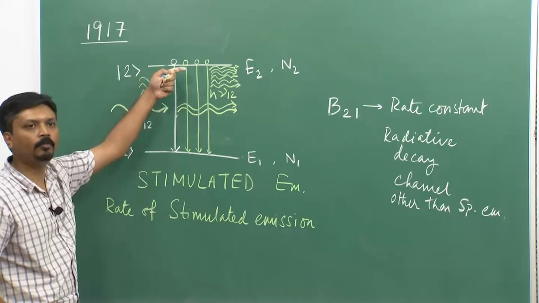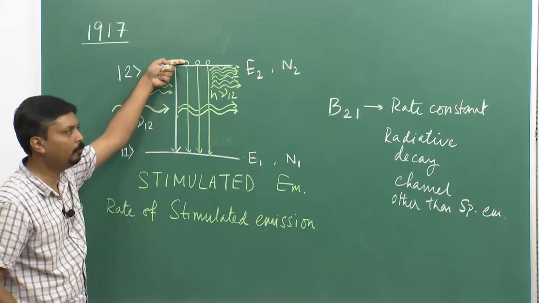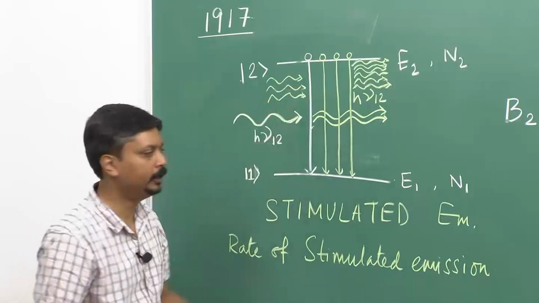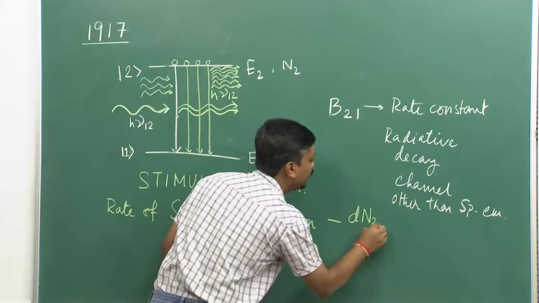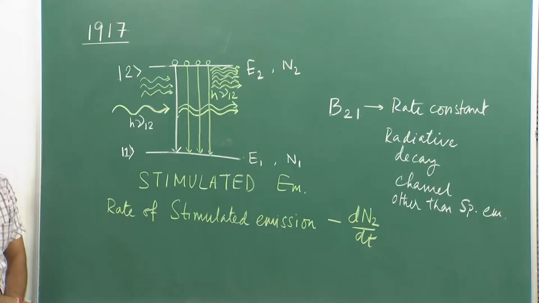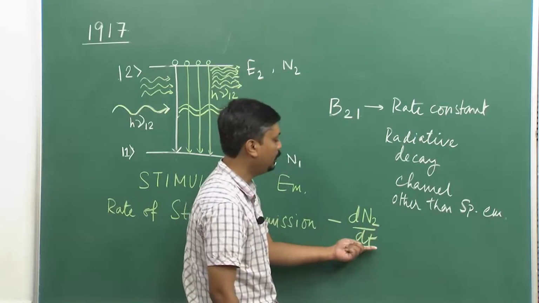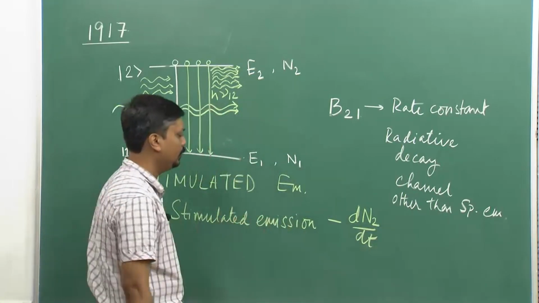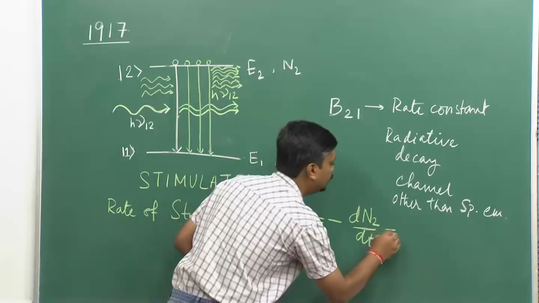The job of an emission is to bring the atom from excited to ground state, decreasing the population at the excited state, so I can write it as minus dN2 dt, and you can separate it from the other dN2 dt that we dealt with by writing a subscript, stimulated and spontaneous. Here we are specifically writing that this is the rate of the stimulated emission, minus dN2 dt.